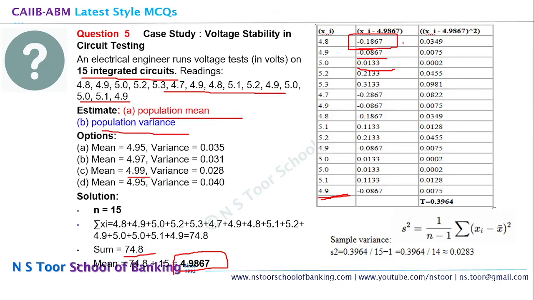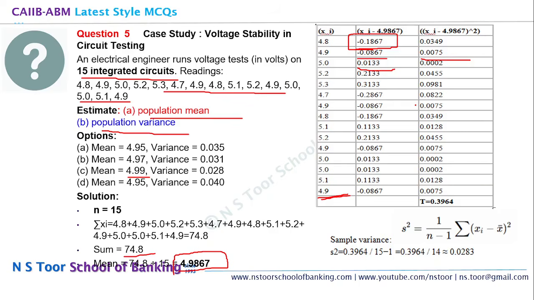We have to take the square of column B here, that is 0.1867 square is equal to 0.0349. The square of 0.0867 is 0.0075. Likewise, we have to take the square of every number which is reflected here.